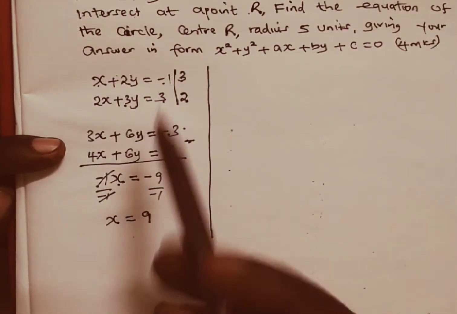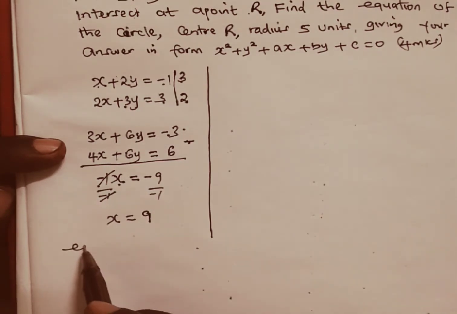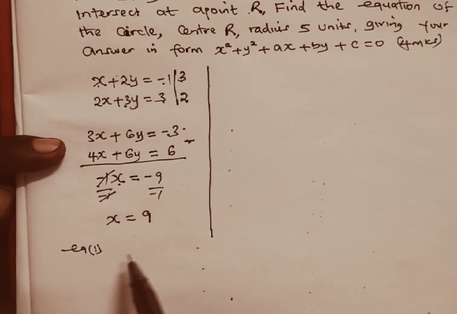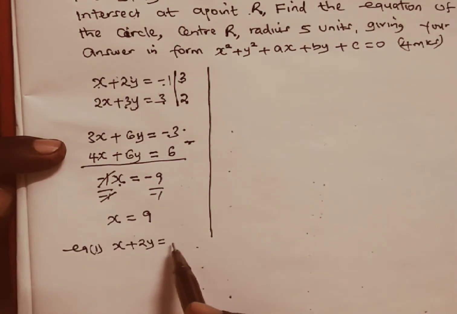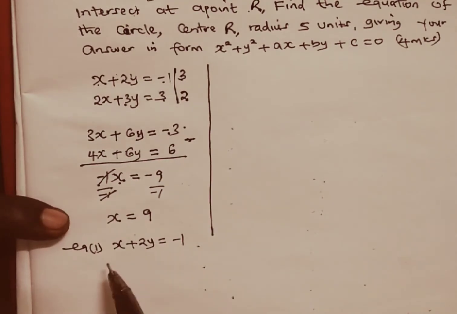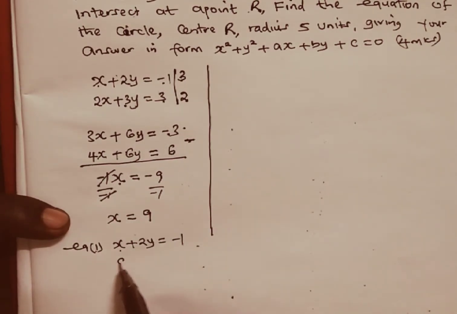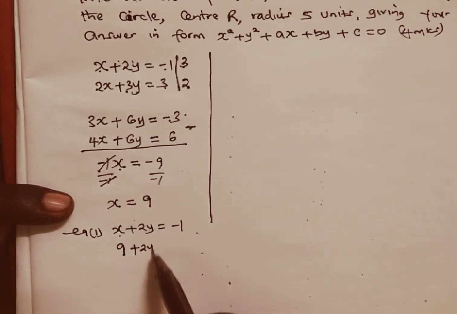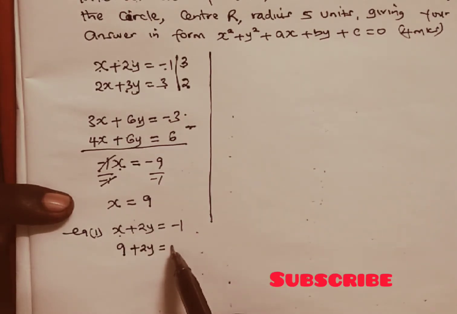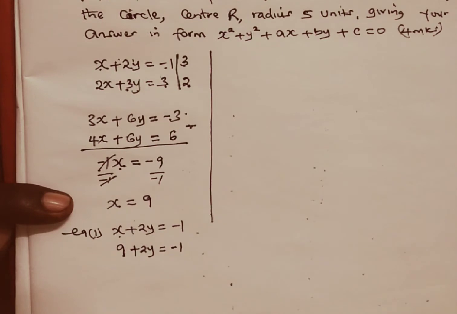Having gotten the value of x, we can substitute it in the original equations, either equation 1 or 2, to get the value of y. So we can use equation 1, where we have x plus 2y will give us -1. We know our x is 9, therefore we take 9, we add 2y, and this is going to be equal to -1.